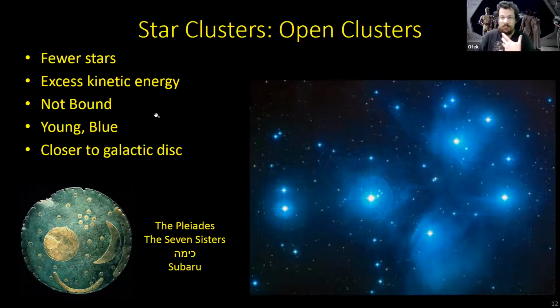Pictured here is maybe the most famous open stellar cluster in the universe, or at least to humans, the Pleiades, which we already talked about in the second week of the semester. The Seven Sisters, or Subaru, one of the earliest stellar systems known to man, depicted here on the left on the Nebra sky disk from thousands of years ago.